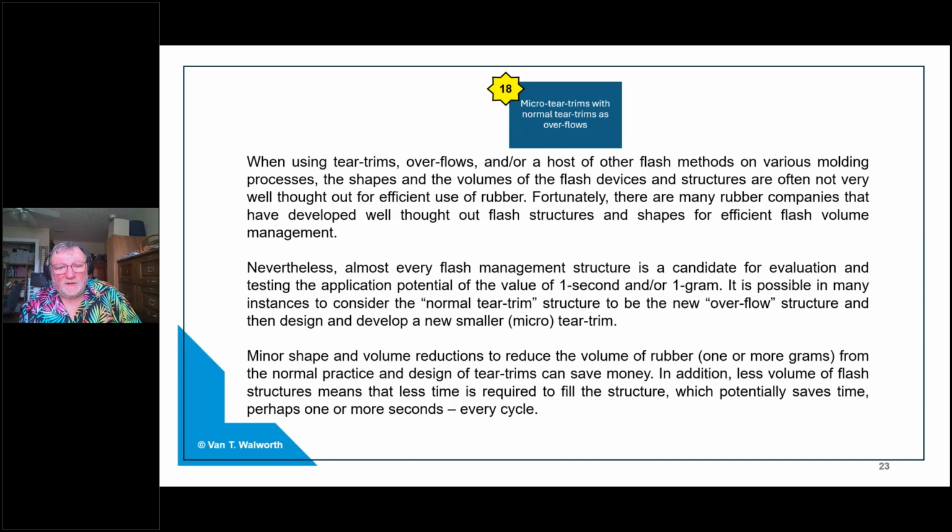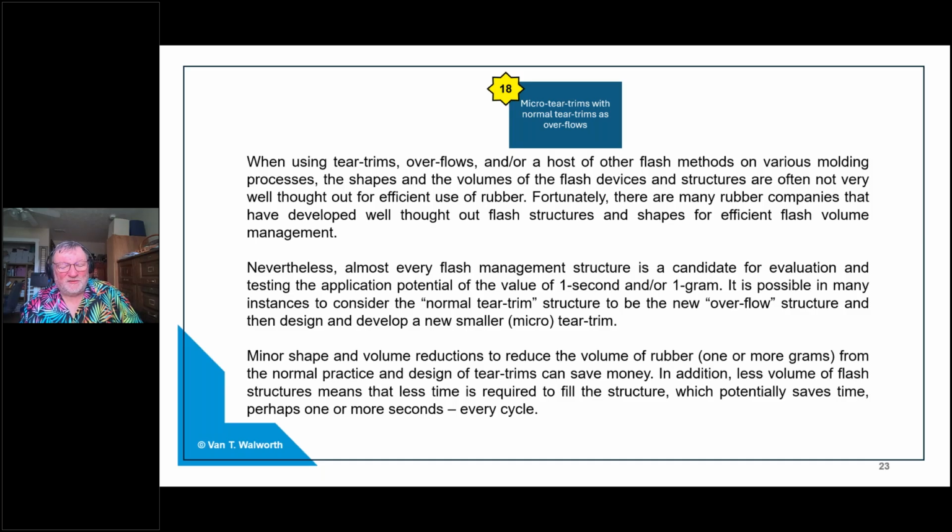They've got a certain tool that's designed to make a certain tear trim, and that works very well. And so they kind of stop right there. There seems to be very little work that is done to take that tear trim and let that tear trim be the size of an overflow, and then smaller than that, make a smaller tear trim. Tear trim is supposed to fill, overflow is not supposed to fill.